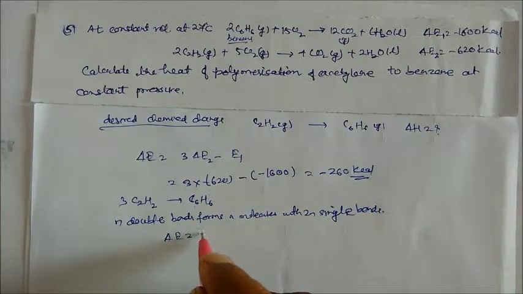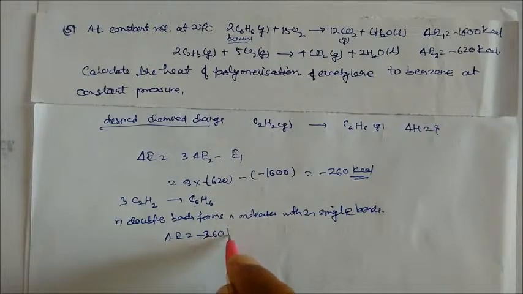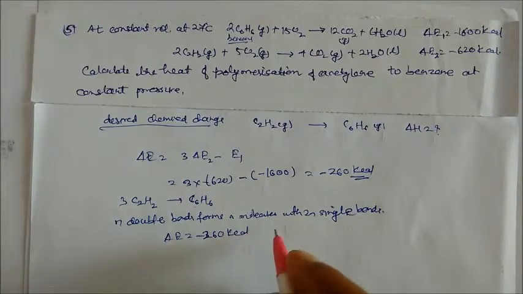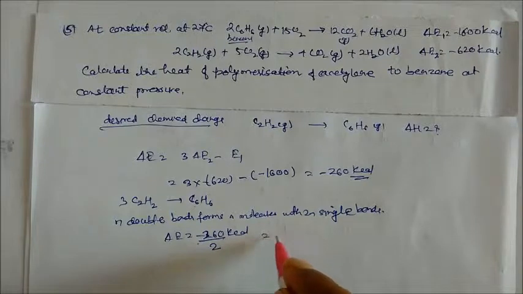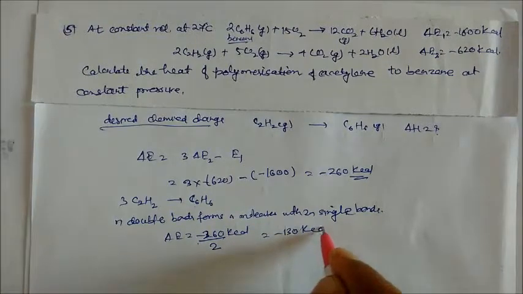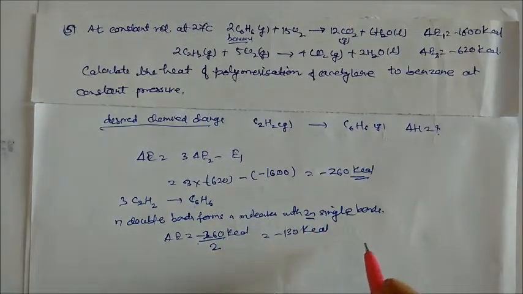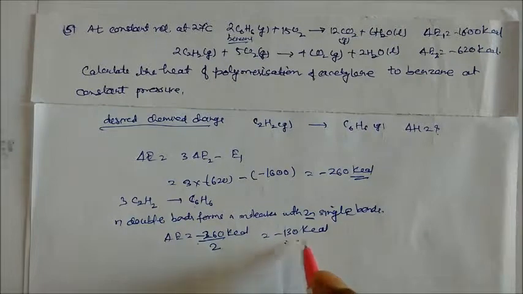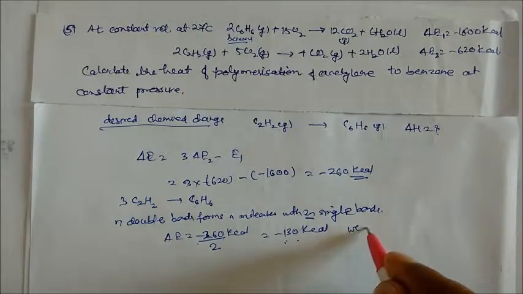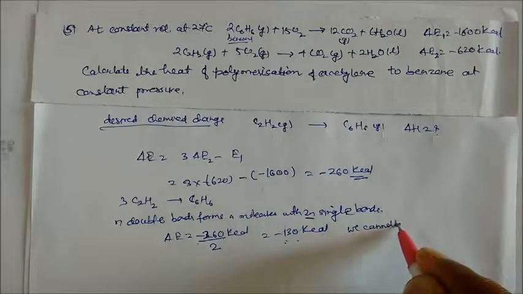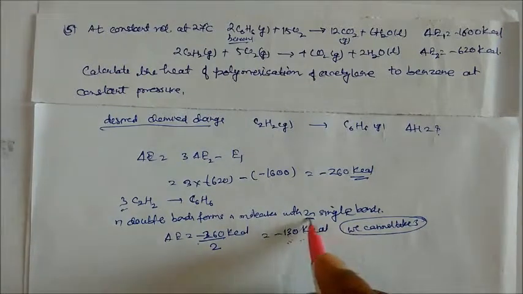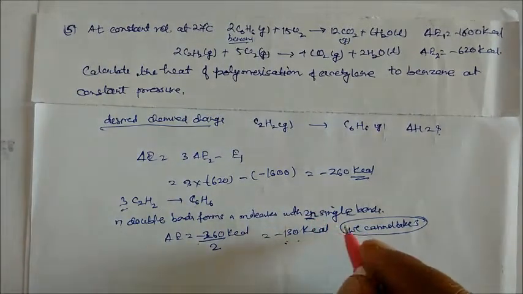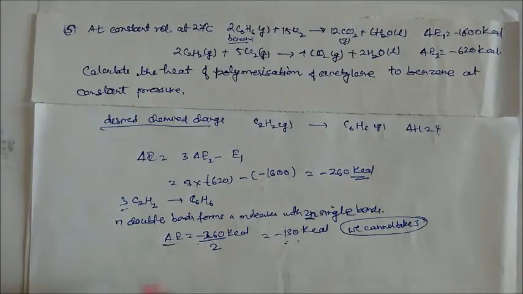It is given here, minus 260 kilocalorie. But this is for the whole molecule. If you take it per mole, it becomes minus 130 kilocalorie, because we have 2n single bonds, so per single bond it will be 130 kilocalorie. We cannot take 3, because 3 is already accounted for here. We have to take 2n single bonds for this one. This is polymerization, and now we have the ΔE value.